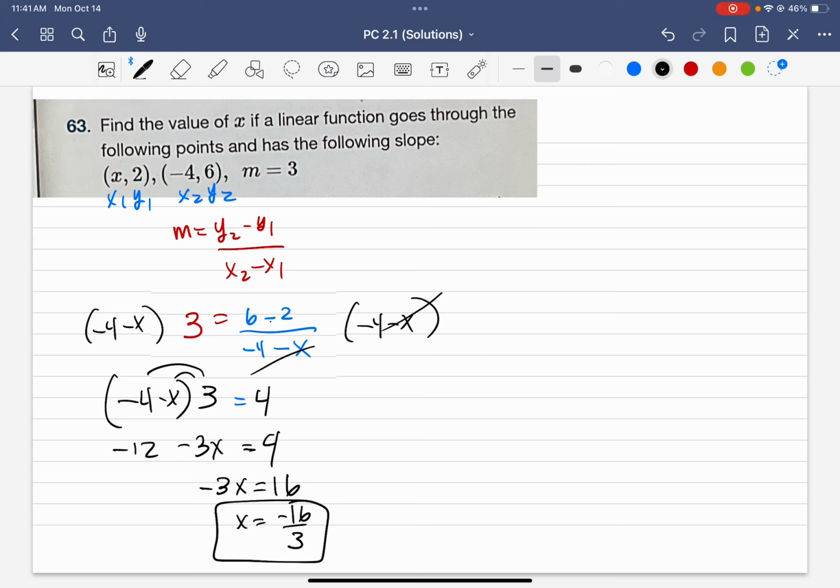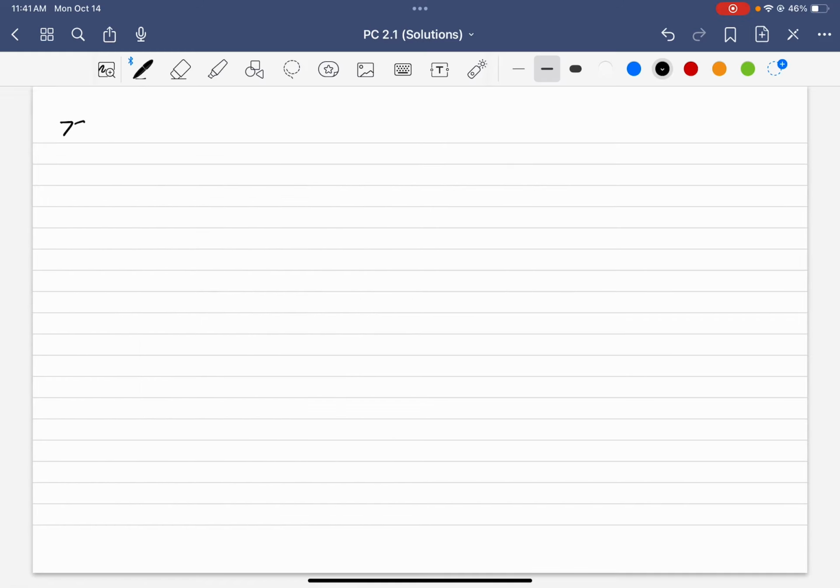At the end, number 73, it says a town's population in 1960 was 287,500, and in 1989 the population was 275,900. Compute the rate of growth and make a statement. Well, the rate of growth would be the slope. So it's going to be my y2 minus y1 over x2 minus x1.